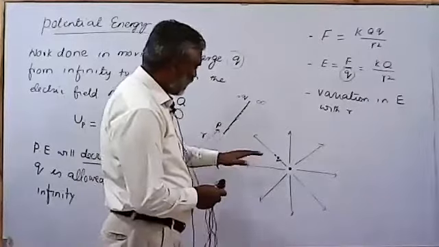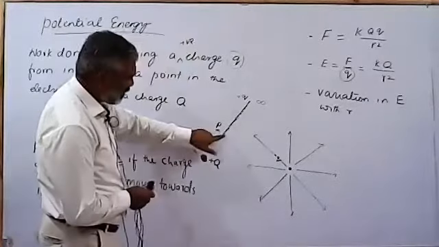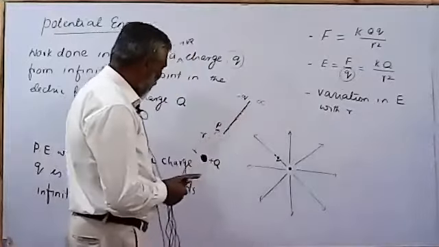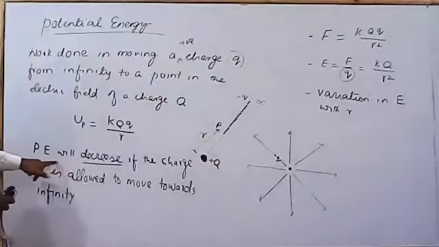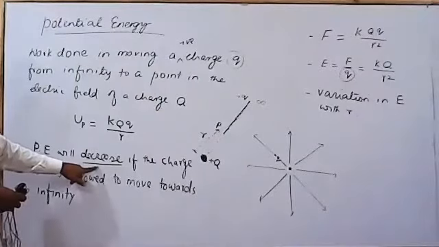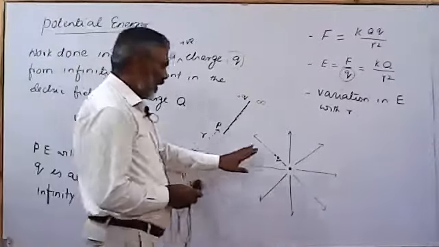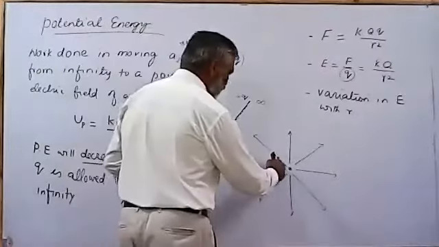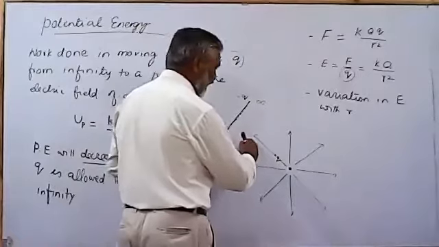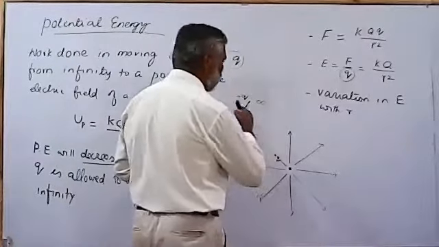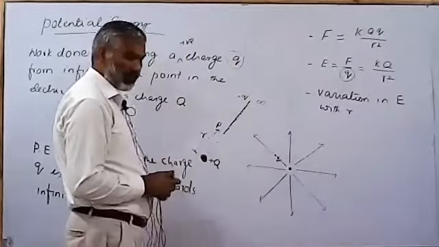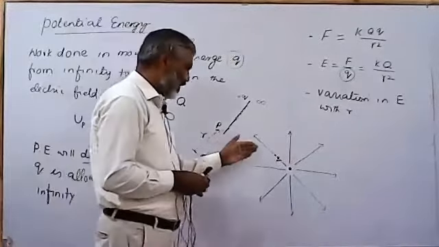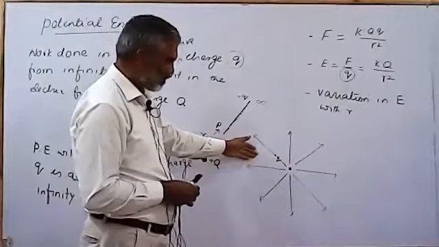If I leave that charge here on its own, it moves away from this charge, and by moving away, its potential energy decreases. Here we see that potential energy is decreasing, and electric field strength is also decreasing as you move away from the charge. So you see there is some relation between the potential energy and the electric field here.